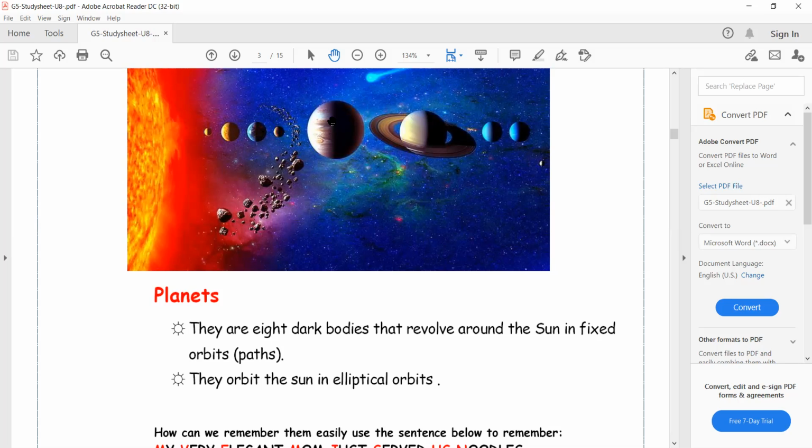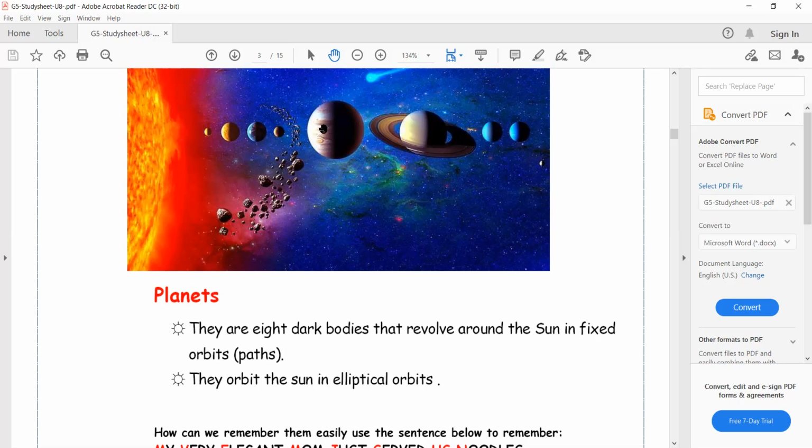The second group, called the outer planets, they have a large size, a bigger size. If you look carefully here, Jupiter, Saturn, Uranus, and Neptune, any one of them is bigger than the other planets. We call them the gas giants because their bodies are made up of gases.